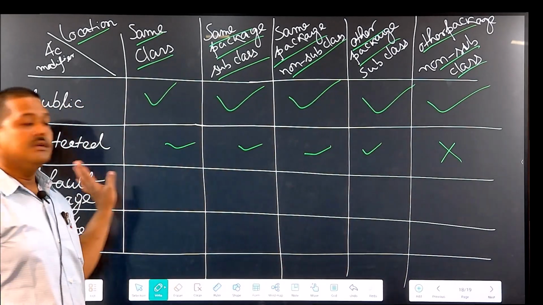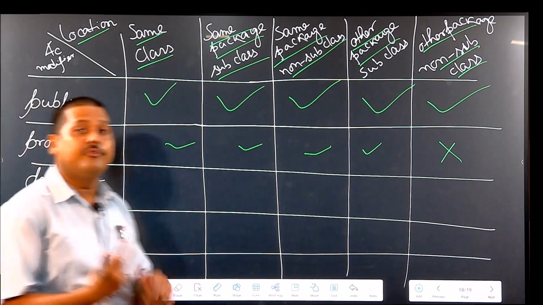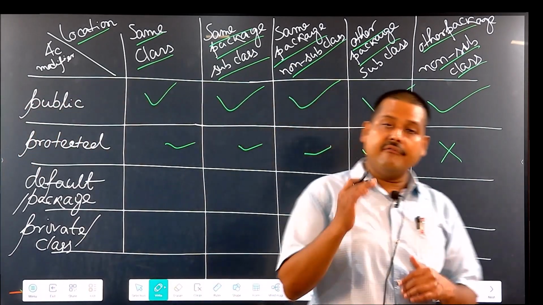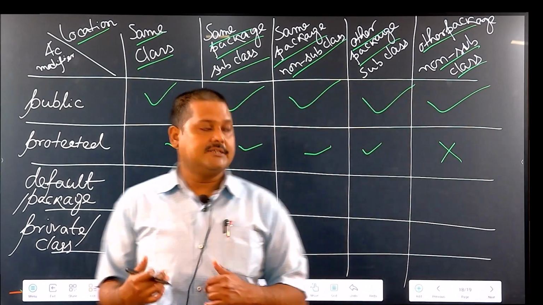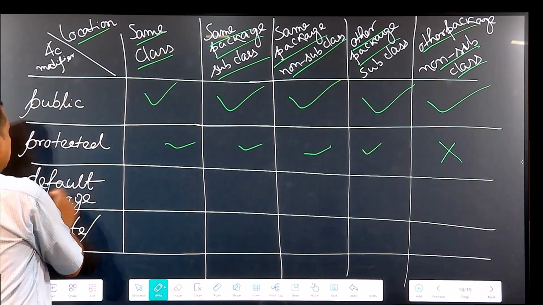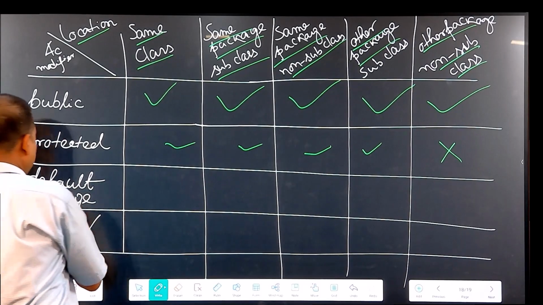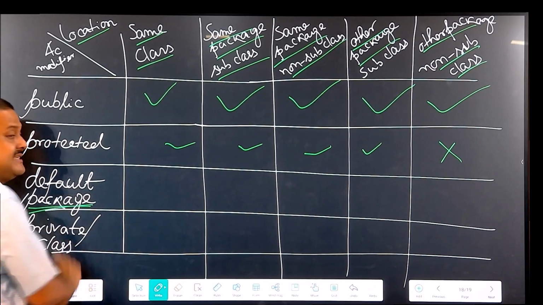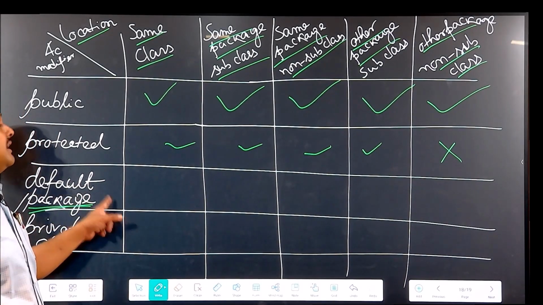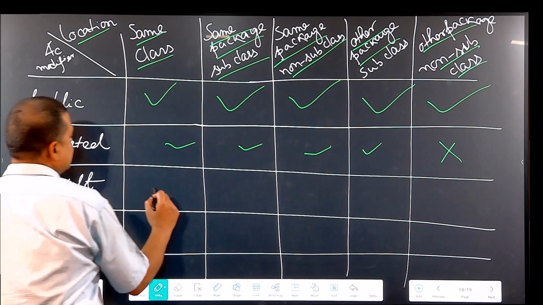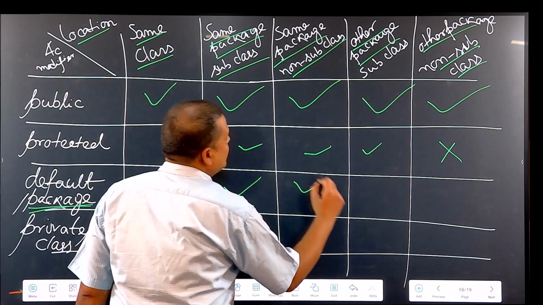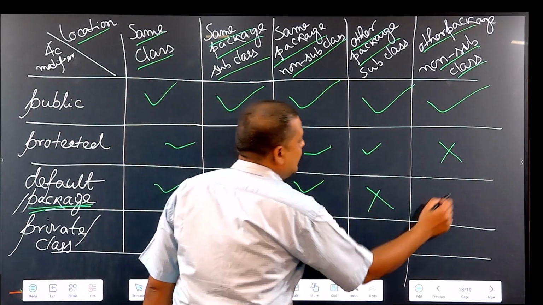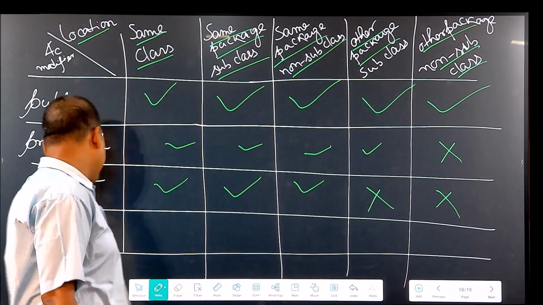Default is also called package. By default, the access specifier of every member is package, and it is accessed only from the package. You can remember it this way: default keyword for package. So within the same class, yes, same package subclass, yes, same package non subclass, yes, but the others cannot access it.